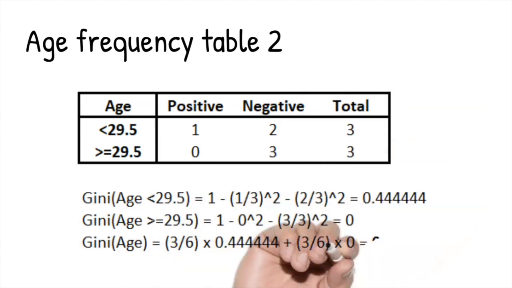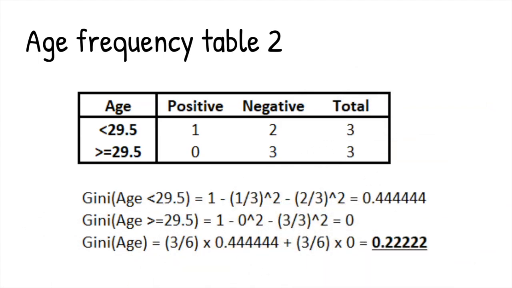Last but not least, the age frequency. Age was split at 29.5, so the first group is below 29.5, with one positive and two negative observations, a total of 3 observations. The second group in our frequency table is age greater or equal to 29.5, with 0 positive and 3 negative observations, total of 3.